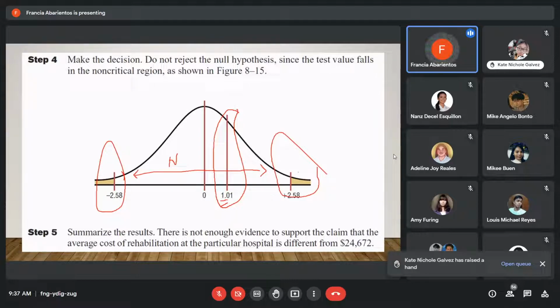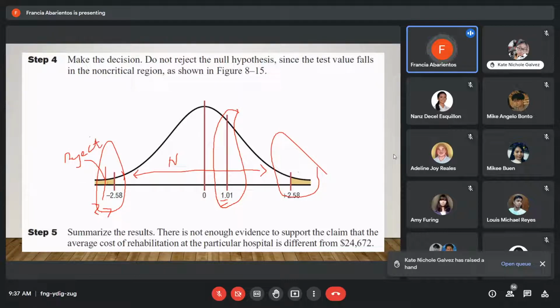Okay? Pag ito, class, pag nag-fall dito, halimbawa, yung nakuha natin is negative 2.7. Pag nag-fall dyan, automatically, i-reject natin yung HO. Okay, reject.